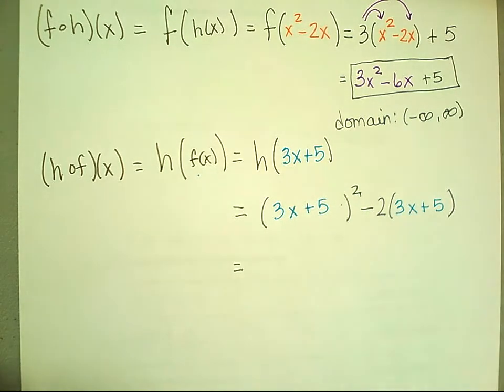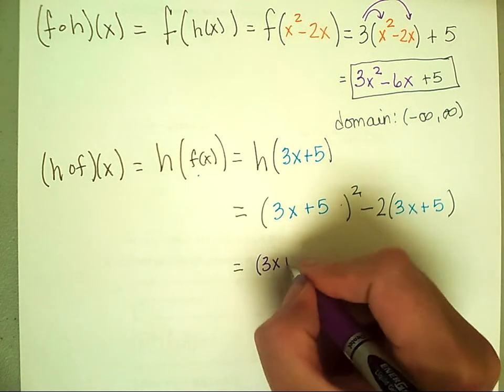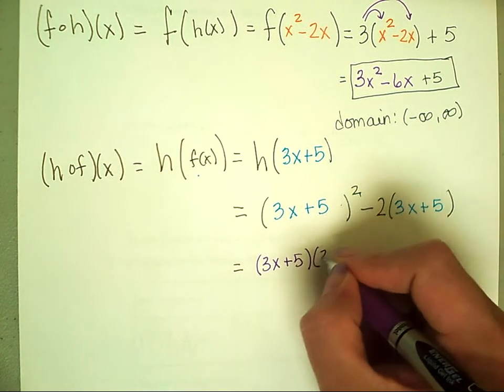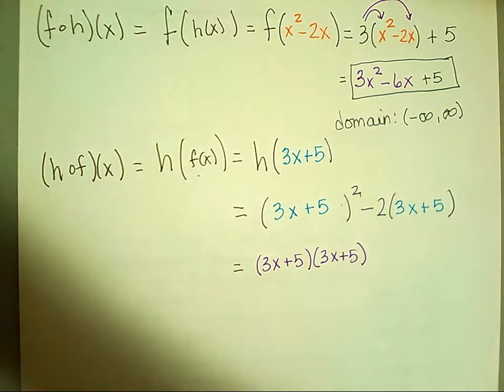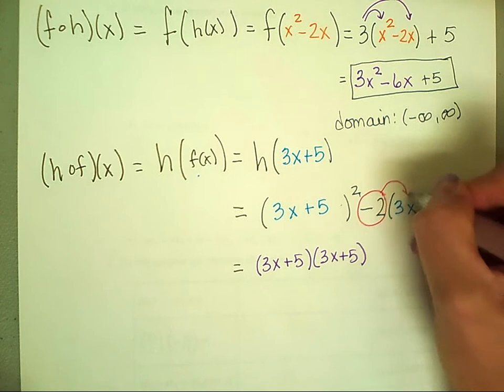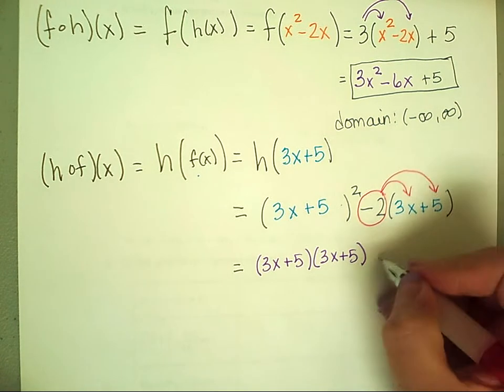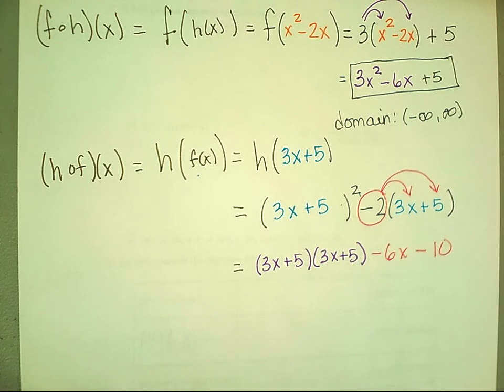Now let's simplify that. Remember, this squaring means we'll take 3x plus 5 times 3x plus 5. And while we're at it, we may as well distribute this 2, and remember to take the negative with it. So that's minus 6x minus 10.